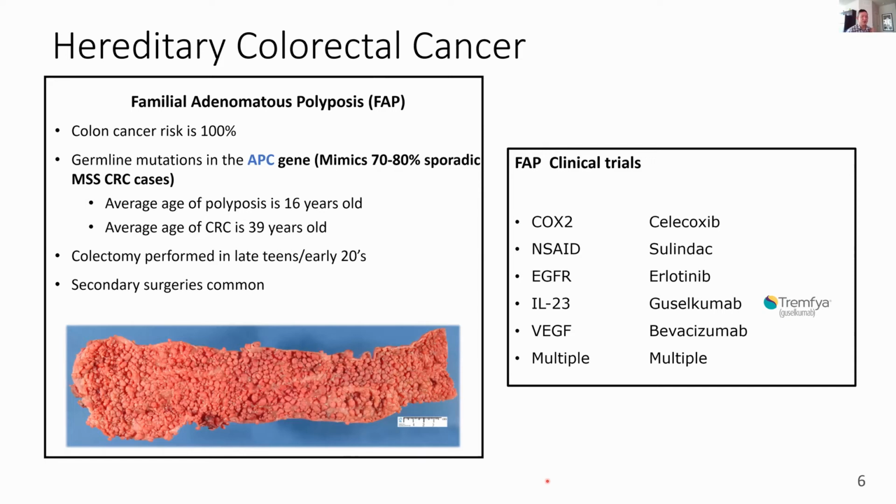mouse approach. So in the clinical realm, to model the APC sporadics, FAP is rare, less than 1% of colorectal cancers, but there are still enough of these patients to have clinical trials. As most of you all know, these are patients who develop hundreds, if not thousands, of polyps.